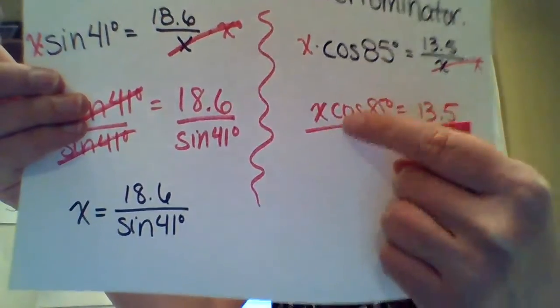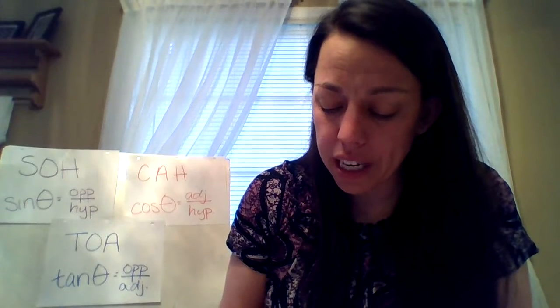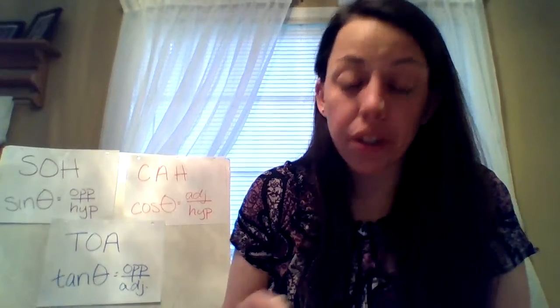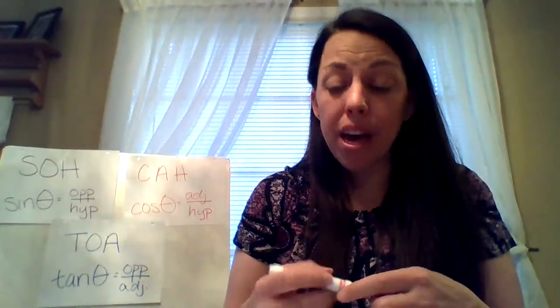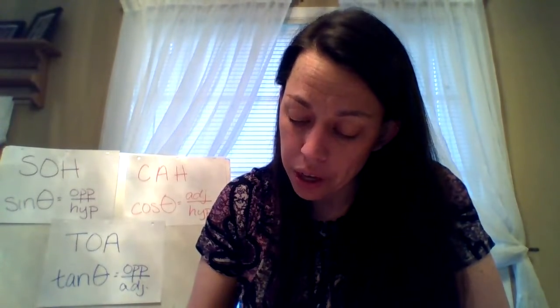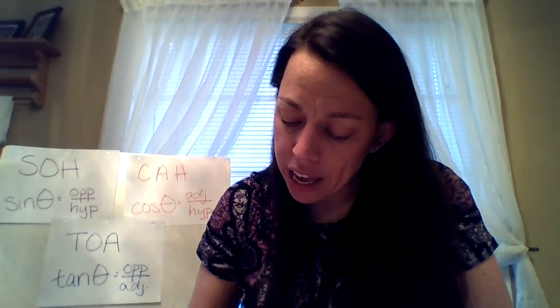I want to just have x, so I'm going to divide both sides by the cosine of 85 degrees, because then the cosine of 85 degrees will cancel out. And again, in black, I'm going to write my answer. x equals 13.5 over the cosine of 85.